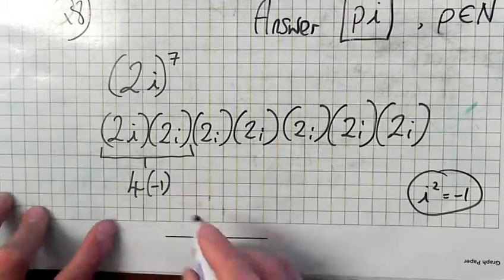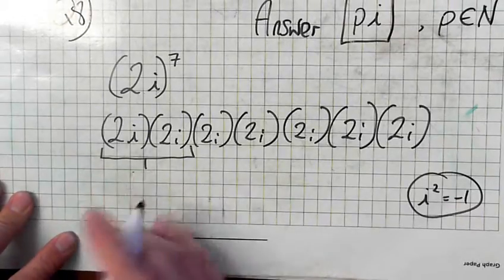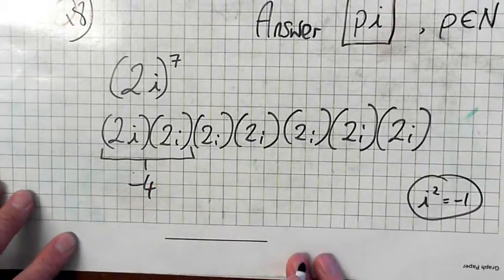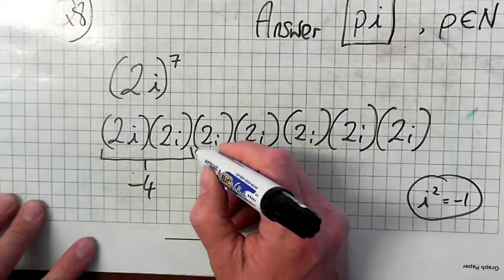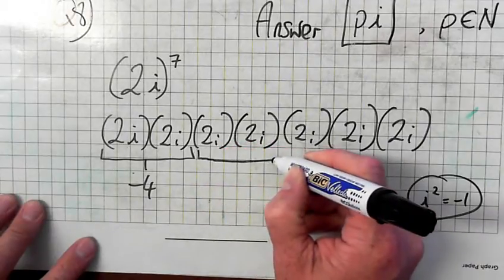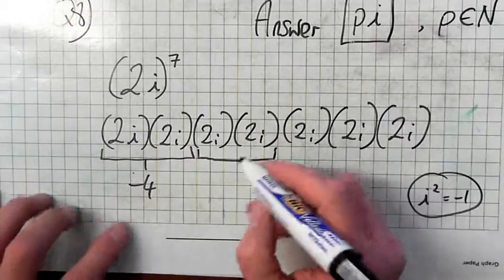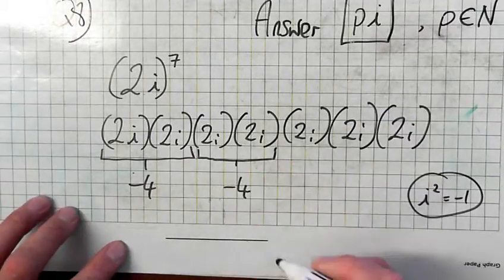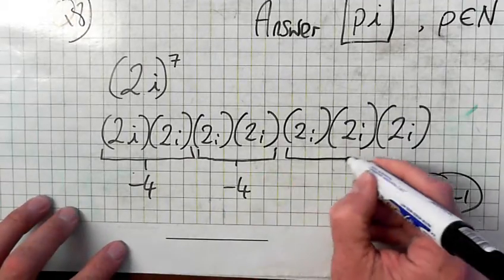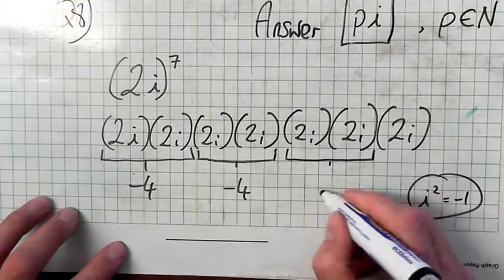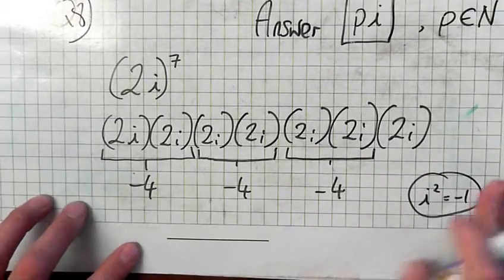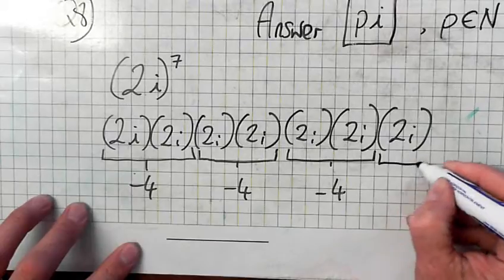What's minus 1 times 4? Minus 4. I can do this bit here as well. What's 2i times 2i? Again, you get minus 4, wouldn't you? What's this 2i times this 2i? Minus 4.